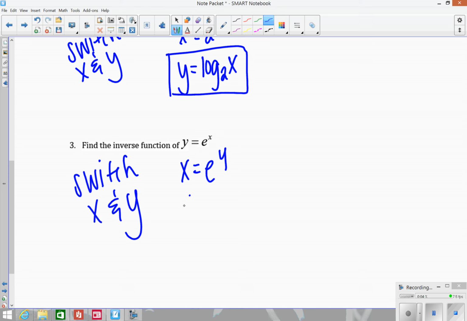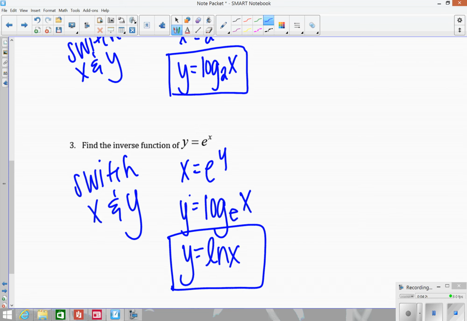So it's going to end up being y equals log base e of x. And remember, whenever it's log base e, this is the same thing as y equals ln of x. So we've just shown that e to the x and ln of x are inverses of each other algebraically. The same thing goes for y equals 10 to the x and log base 10 of x.